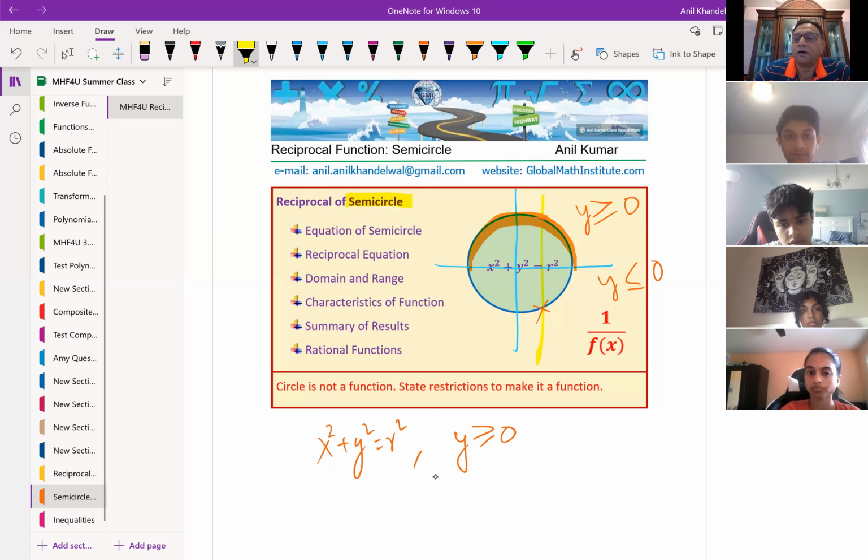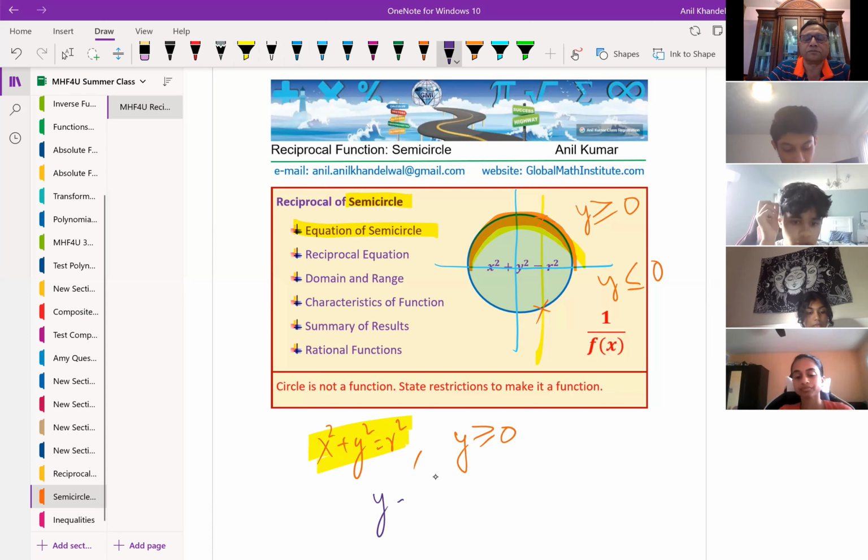Now, Hamza, how will you write this equation in terms of y equals something as f of x? Can you isolate y and tell me what is the equation of the semicircle now? Okay, so you want it in terms of y equals.